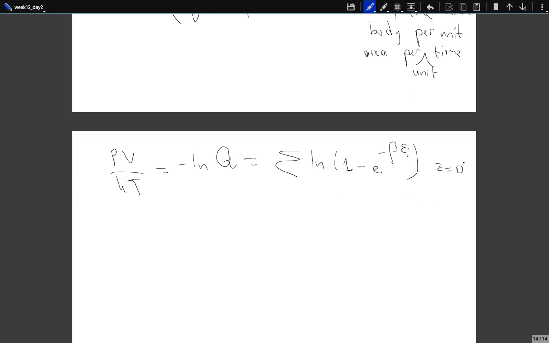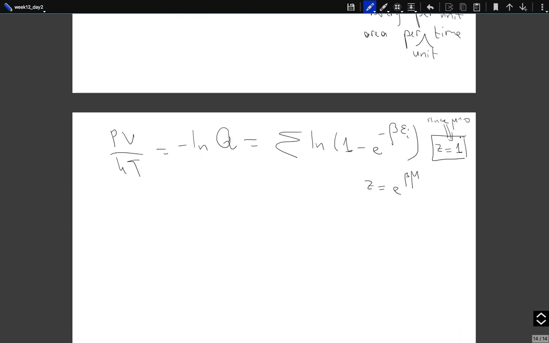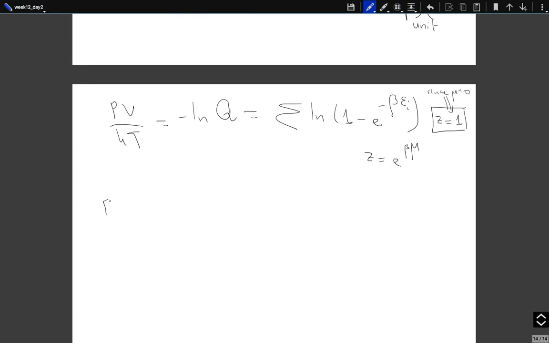Since the chemical potential is zero, in the exact expression here, we had a z, with z being e to the power beta mu. Well, now I can calculate the pressure. PV is equal to kT times the sum of the logarithm of this number. Well, there's a minus sign also over here.